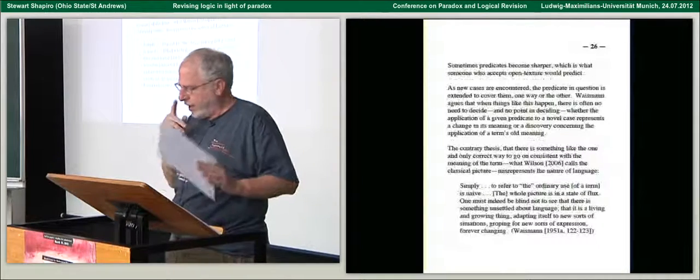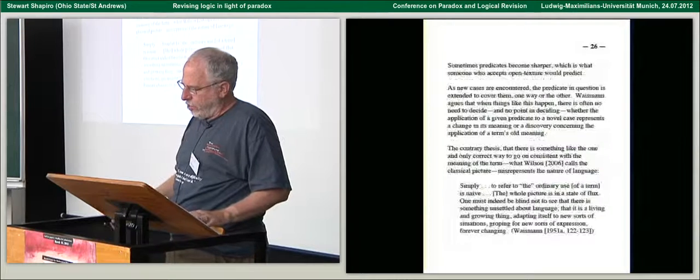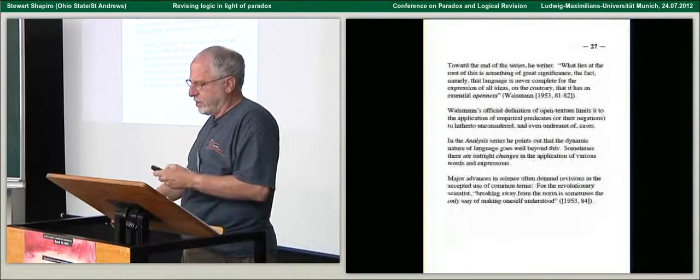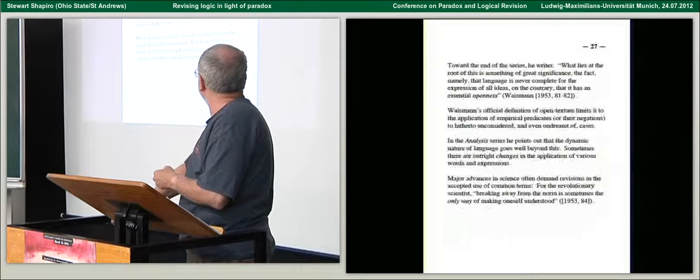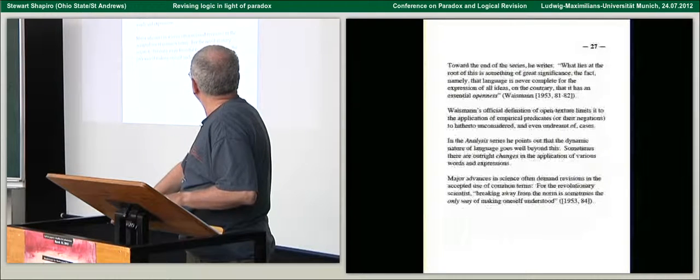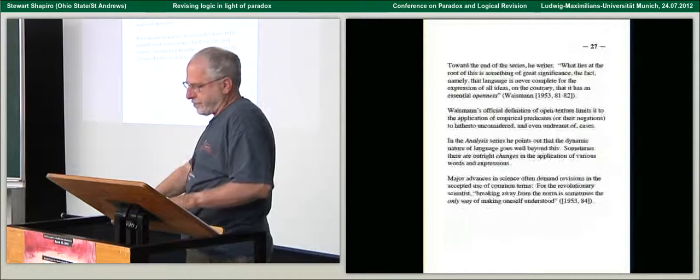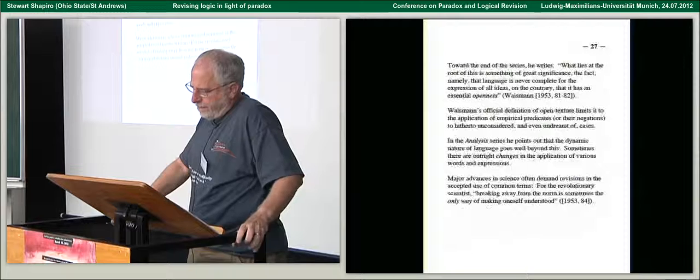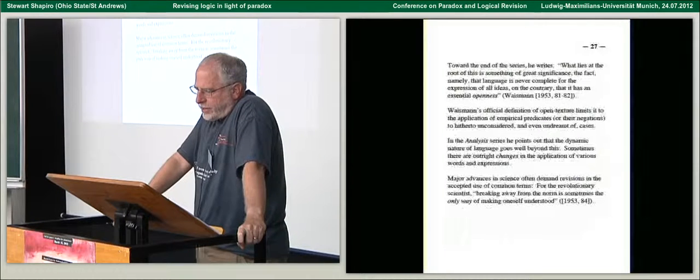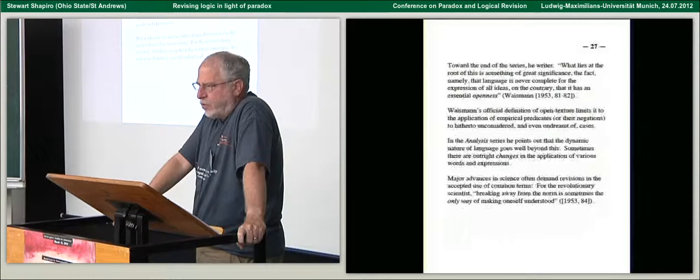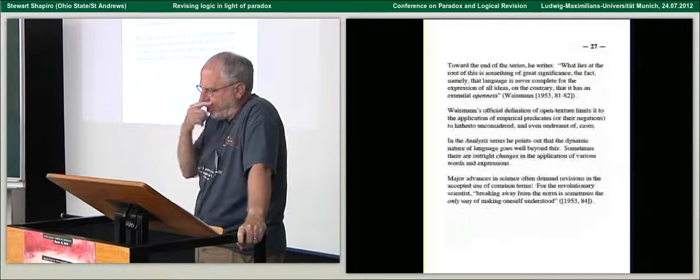All right. Now, toward the end of the series, he writes, what lies at the root of this is something of great significance. The fact, namely, that language is never complete for the expression of all ideas. On the contrary, that it has an essential openness. Now, in the Analysis series, he points out that the dynamic nature of language goes well beyond what we were calling open texture.